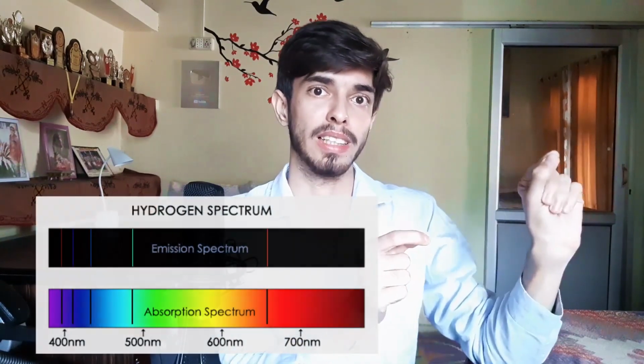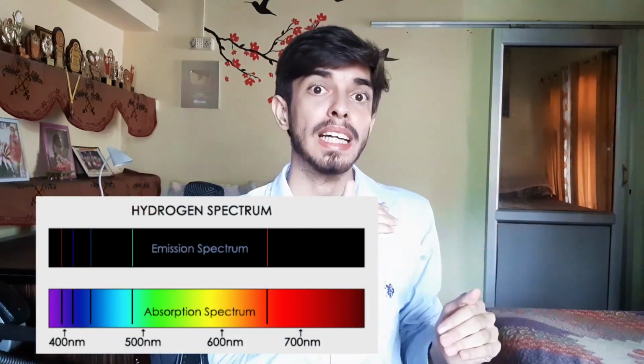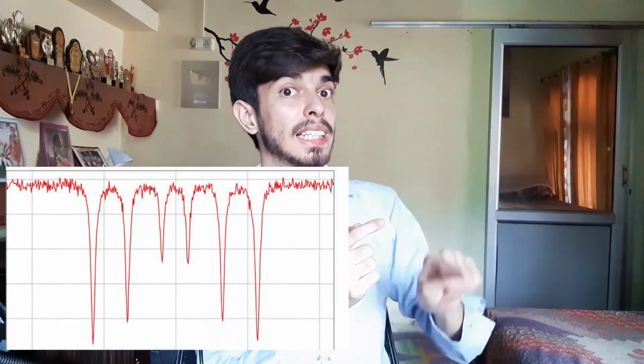Now sometimes it finds a hydrogen atom, and the hydrogen atom absorbs at a specific wavelength. Every atom absorbs at a specific wavelength. That is how we tell from the spectrum which elements are in that star. So the hydrogen absorbed at a specific wavelength, and at that wavelength in the spectrum we will get a fine dip like this.